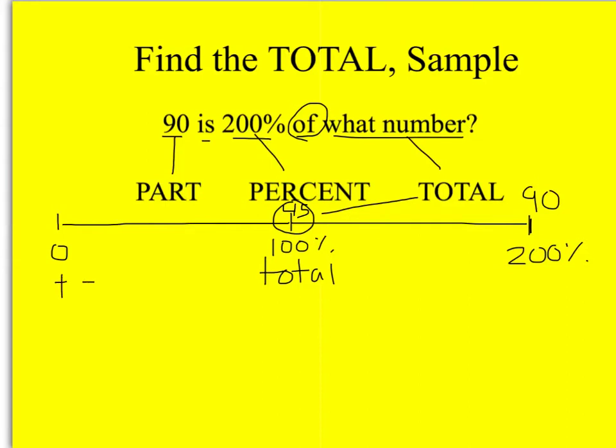So the total equals part over decimal. 90 is the part, 2.00 is the decimal, 90 divided by 2 is 45. So it does work out. So if we go back to the question, 90 is 200% of 45.